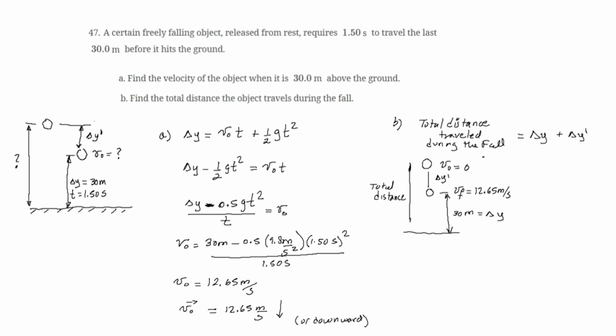The equation says that the square of the final velocity is equal to the square of the initial velocity plus 2g, in this case, delta y prime. So if I know the velocity between these 2 points, and the object was released from above the 30 meters, I can use this formula to calculate how far above 30 meters the body was.